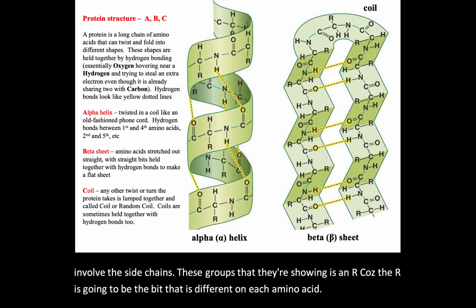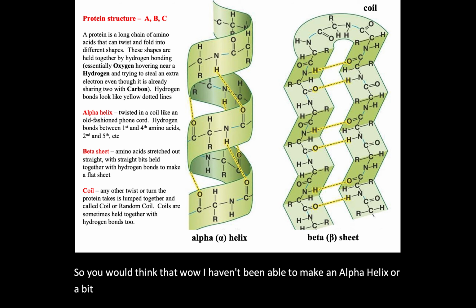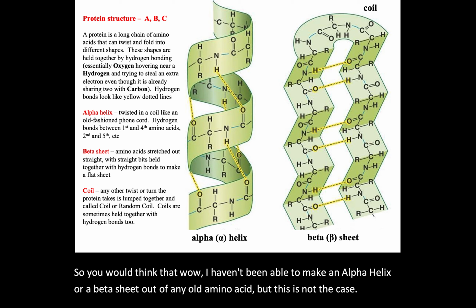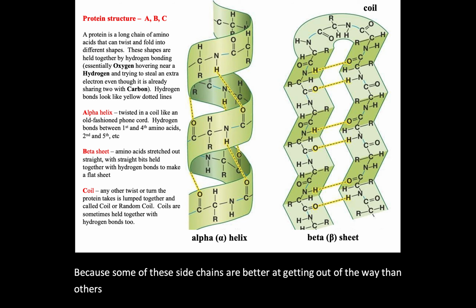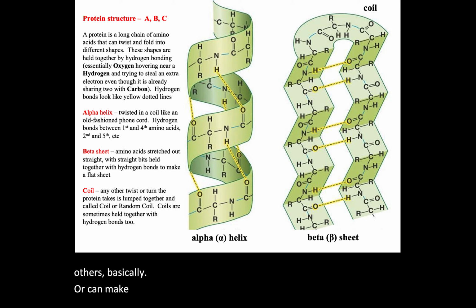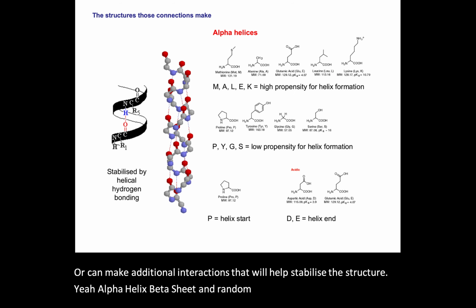So you would think that, wow, I ought to be able to make an alpha helix or a beta sheet out of any old amino acid, but this is not the case. Because some of these side chains are better at getting out of the way than others, basically. Or can make additional interactions that will help stabilize the structure. So yeah, alpha helix, beta sheet, and random coil, ABC.